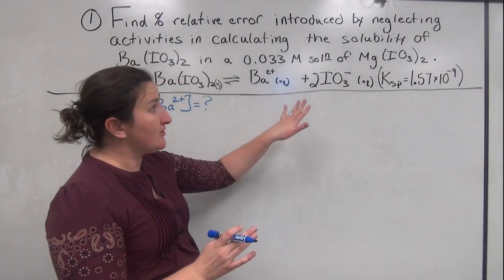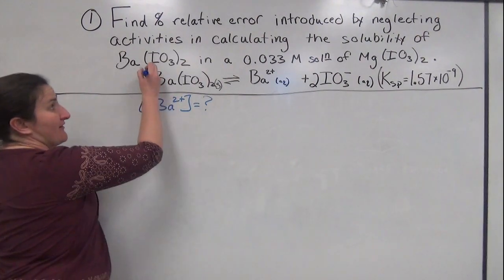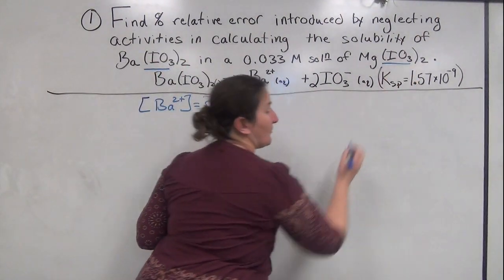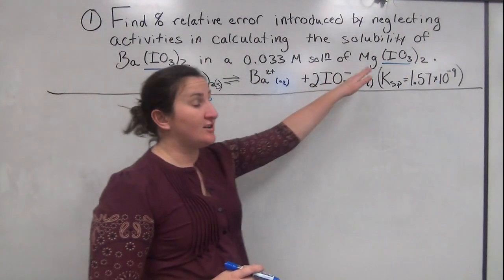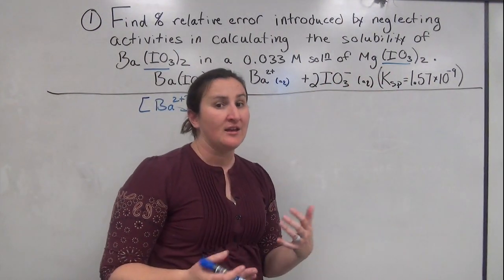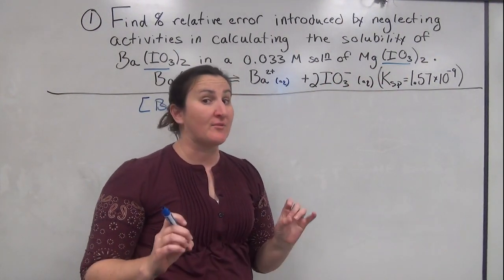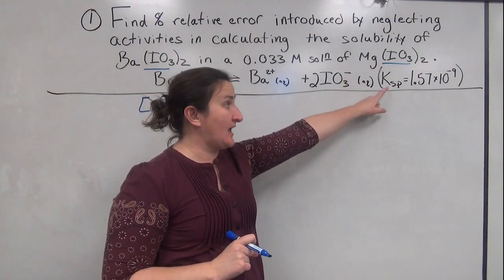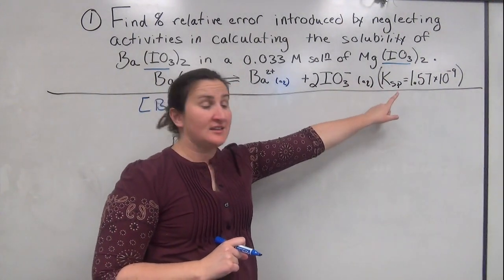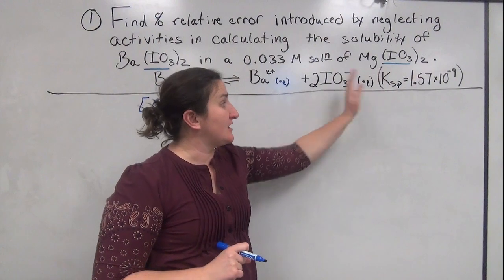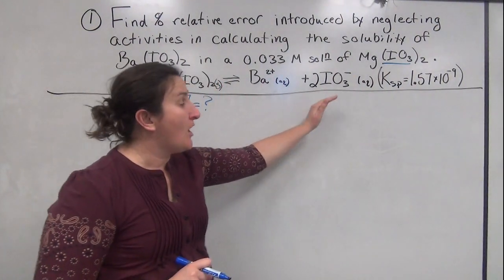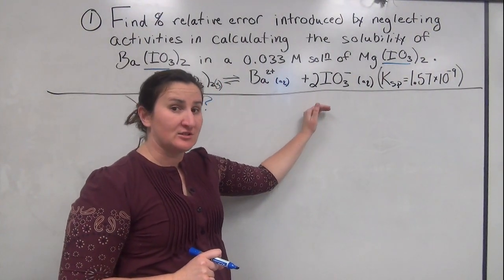So to begin with, the other thing you should have noticed is that we have a common ion. Both our sample and our salt contain iodate, which in this case is actually going to simplify the problem a whole lot. If you notice, this KSP is really small. It's 10 to the negative 9. That means that you're not going to have a whole bunch of barium or iodate dissolved into solution.